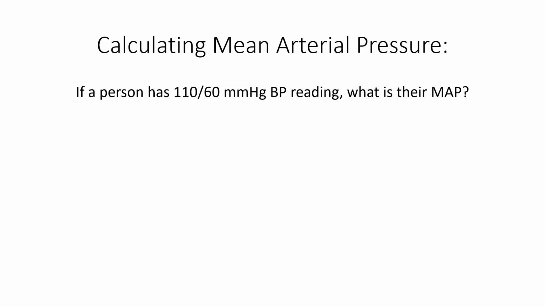So how does one come to this answer? This is the formula. Mean arterial pressure is 2 into diastolic plus systolic BP, totally divided by 3.